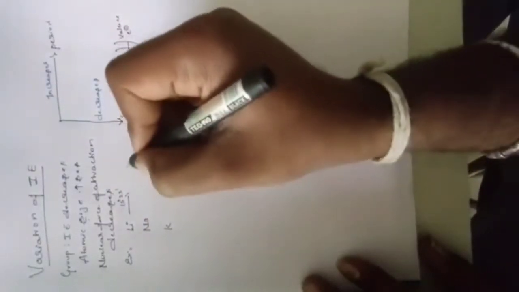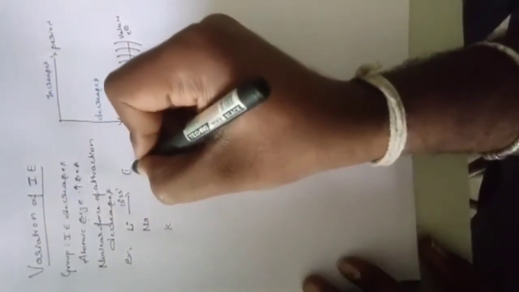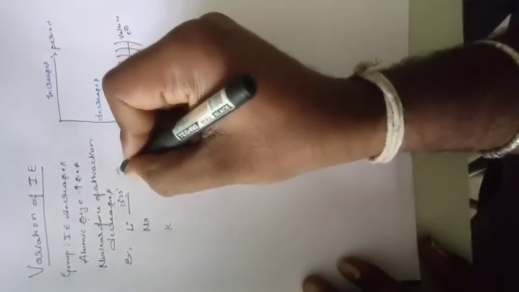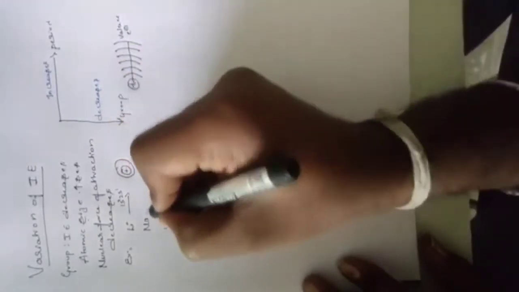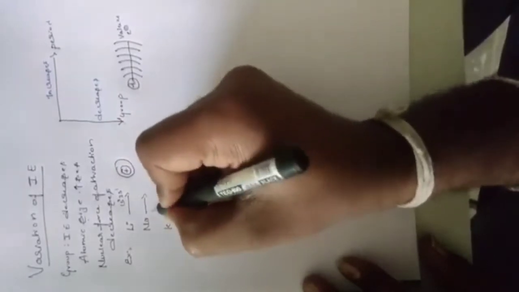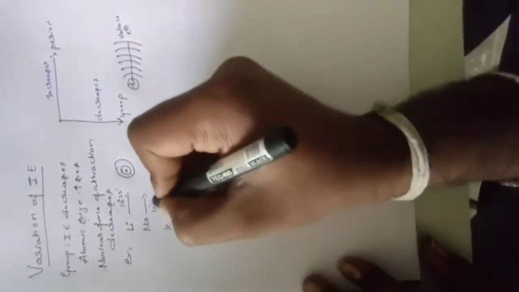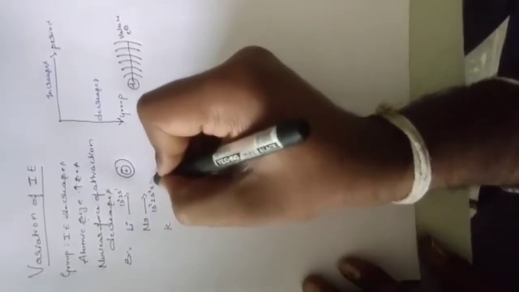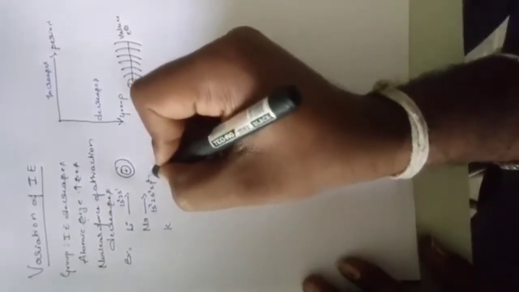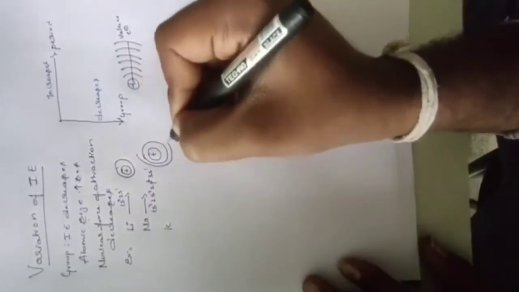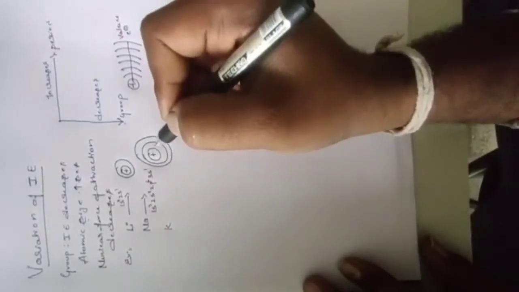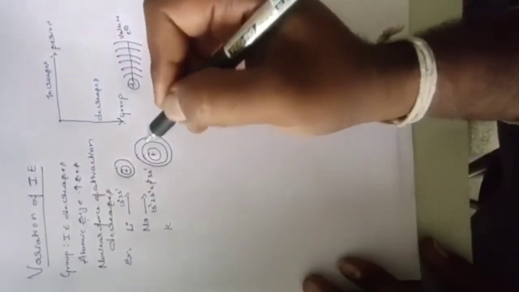When it comes to sodium, which is atomic number 11, it is 1s2, 2s2, 2p6, 3s1. One orbital, second orbital, third orbital. You see, the atomic size increases, and the inner electrons increase.